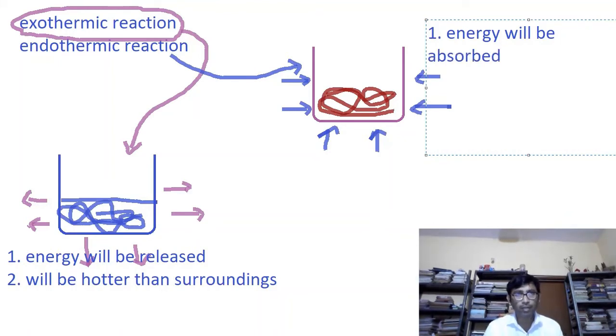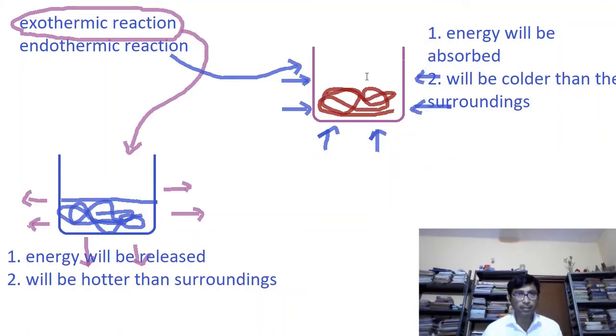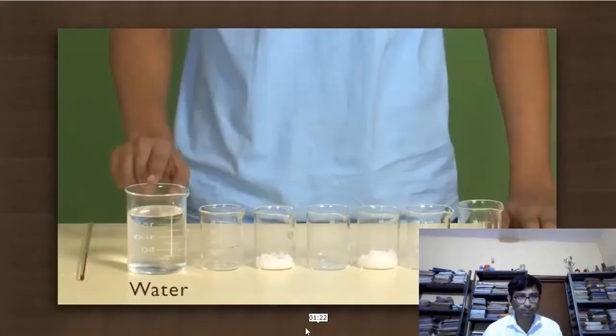As a result, since energy is absorbed, the container that is having the reactants engaged in the reaction will be colder than the surroundings. Right? We shall just see a quick demo about these types of reactions.